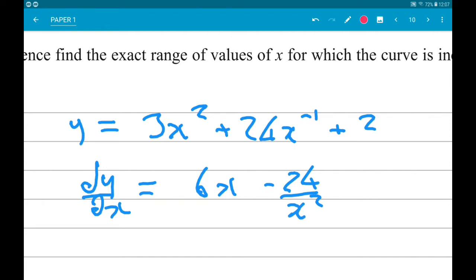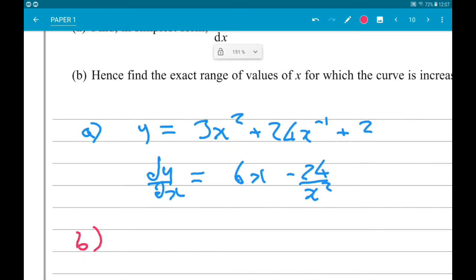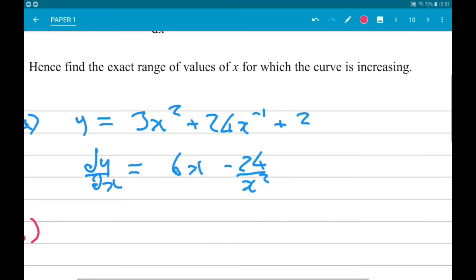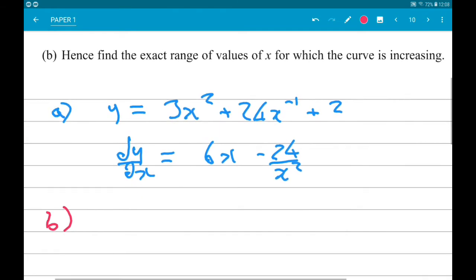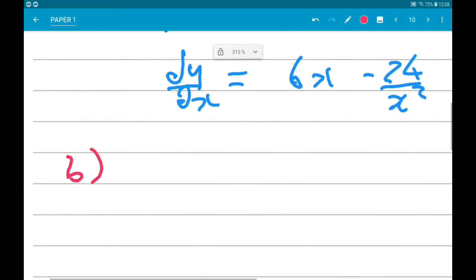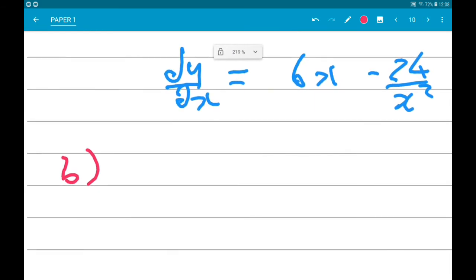Okay, then for part B, we want to find the exact range of values of x for which the curve is increasing. So, for a curve to be increasing, this means that dy by dx, the gradient, is positive, so greater than 0.